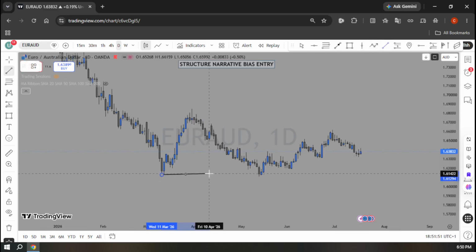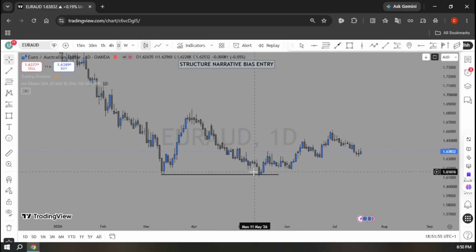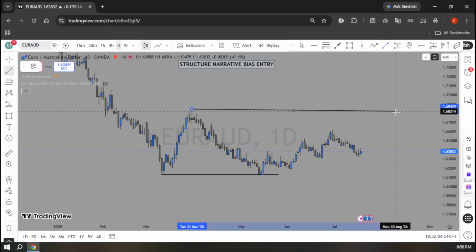So we had this. So we don't have a closure here, we just have a sweep here, meaning this low is still valid, and this high, which is our daily trading range.